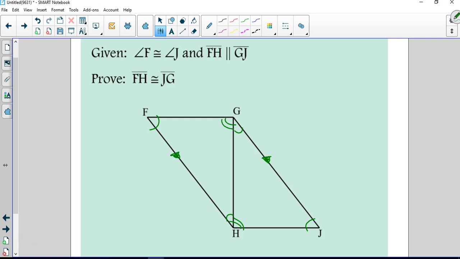You may want to turn your paper sideways to help you visualize that. And we know that this line is congruent to itself. Oh, I have two ones, so I think I'm going to make this 3.